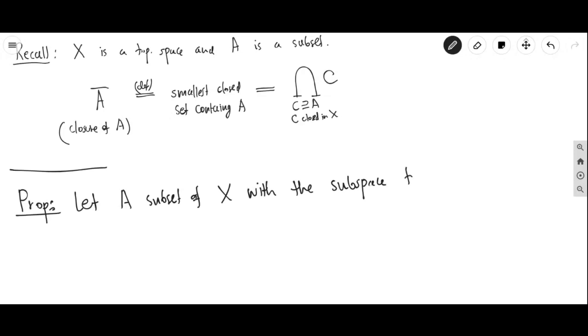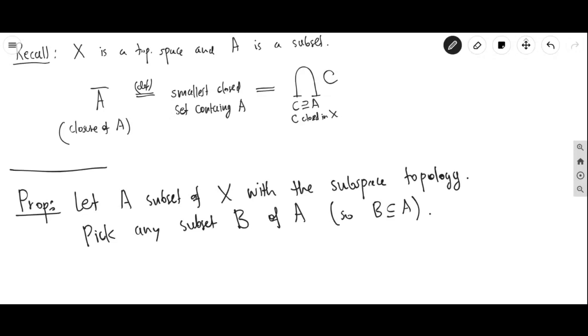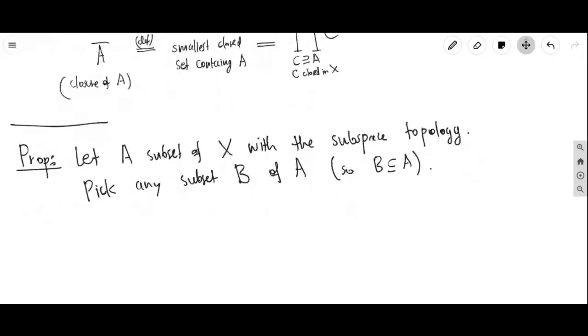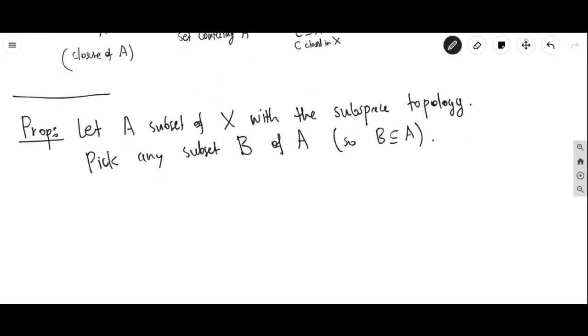It's understood that it has the subspace topology. And pick any subset, let's call it B, of A. So B is a subset of A, not necessarily an open set or anything like that. You can take the closure of B. Let's write it like this: the closure of B in A and the closure of B in X. So that's the way I'm going to write it.